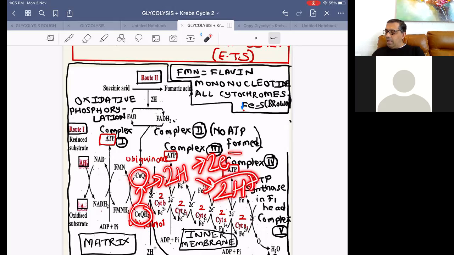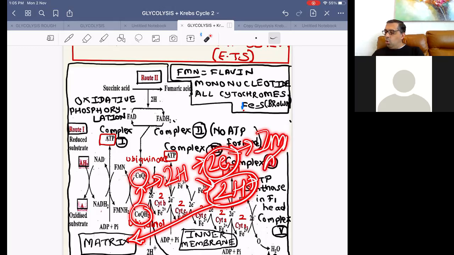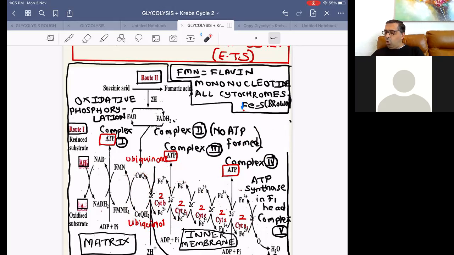Protons remained in the matrix. Electrons will pass through the inner mitochondrial membrane, through all these electron acceptors B, C1, C, A, A3.